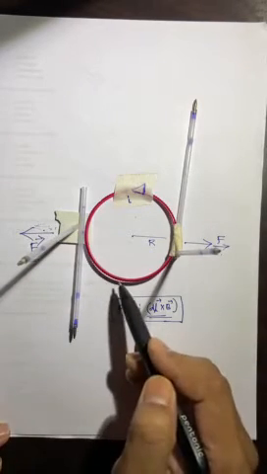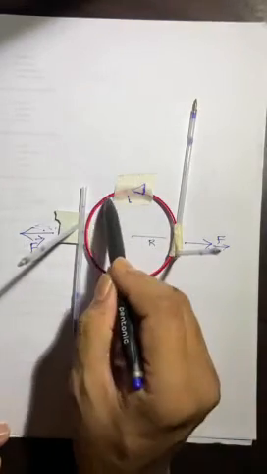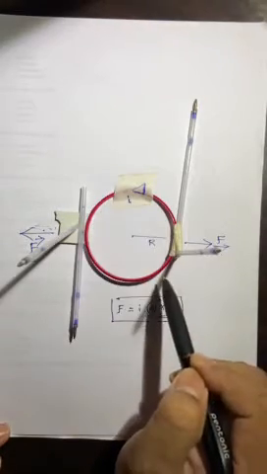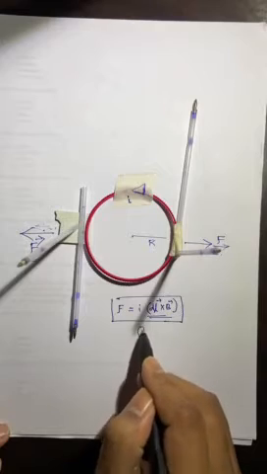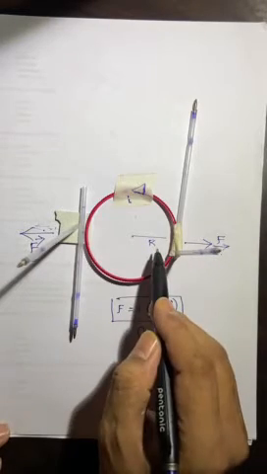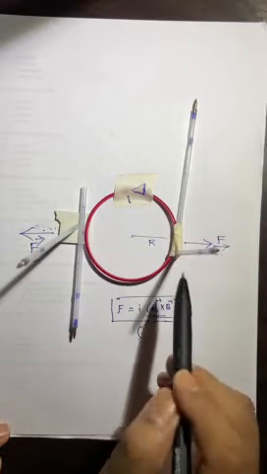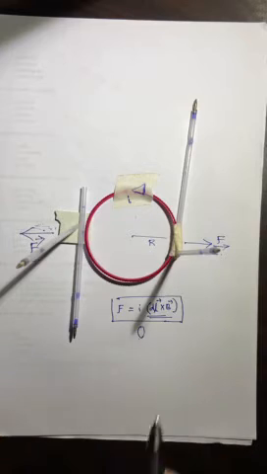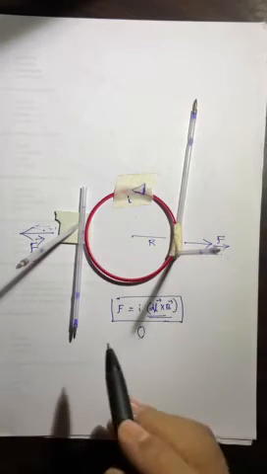This way these two forces will cancel. Same way at every point, if you consider the opposite side of that circle, it will nullify that force, and therefore the total force will be 0. So the total force on this circular loop carrying a current I in a uniform magnetic field perpendicular to the surface will be 0.